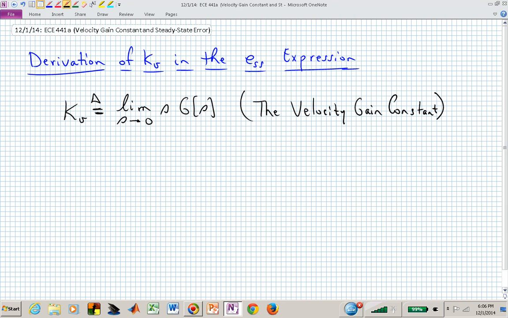In this brief segment that I'm entitling Velocity Gain Constant and Steady State Error, I want to derive this expression for the velocity gain constant, and I will do that in the process of relating that to the steady state error when we have a type 1 system and a ramp applied to our stable closed loop system configuration.